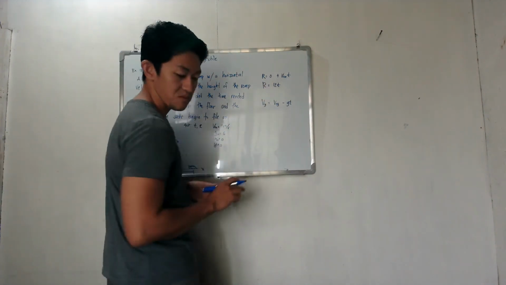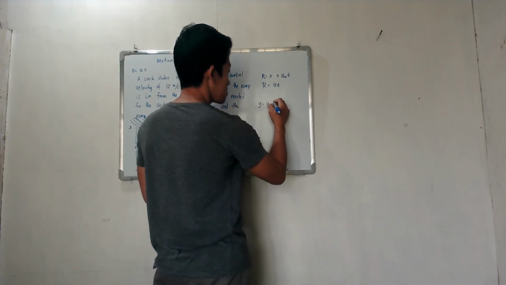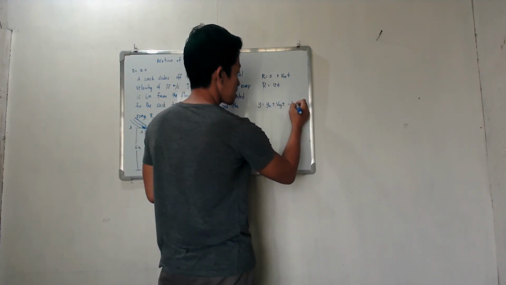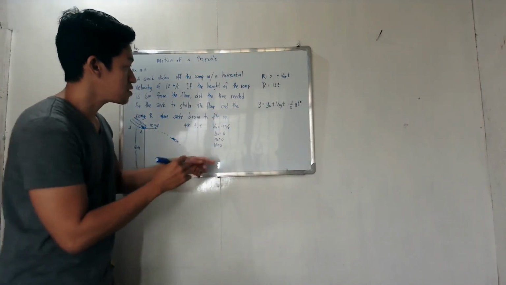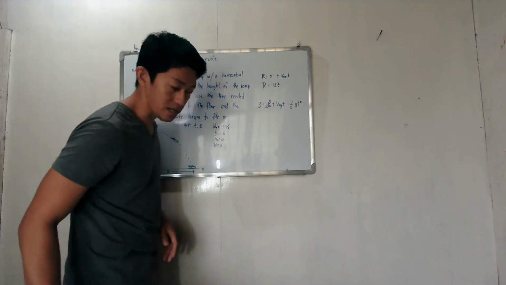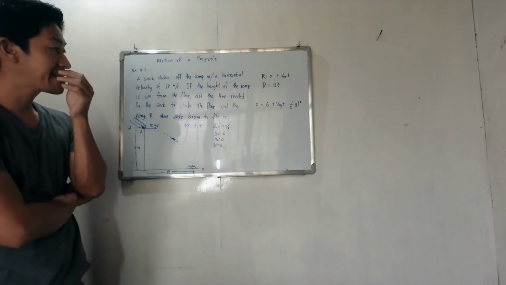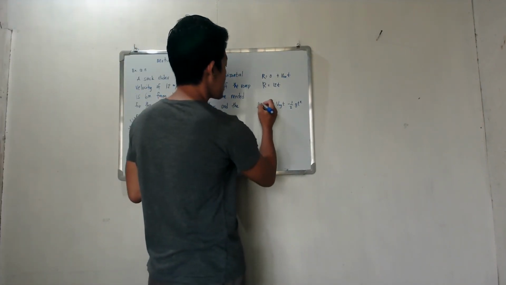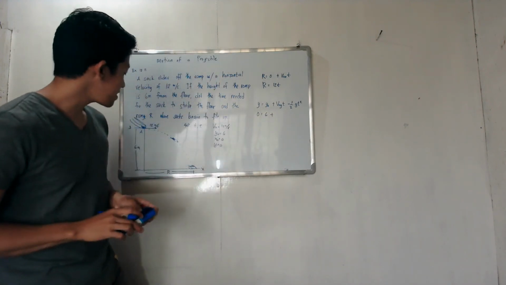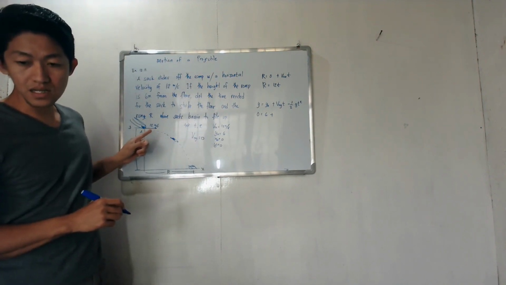The final velocity is not given, so you can't use that. What you will use is the second: y is y sub o plus Voy t minus 1/2 g t squared. Final height is 0, initial is 6, and Voy is 0 because it is moving horizontally initially.